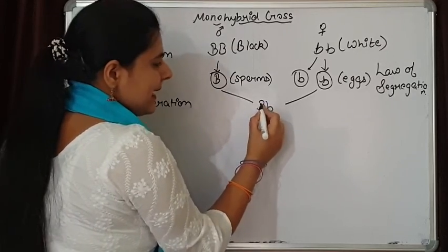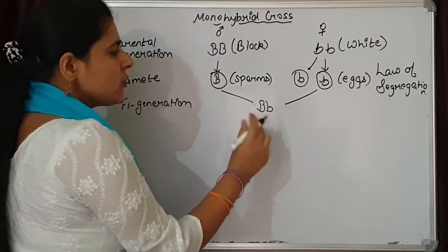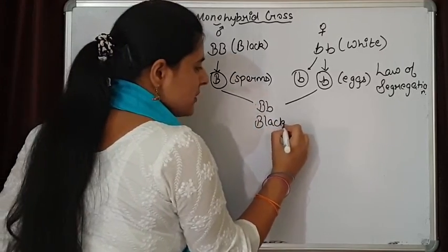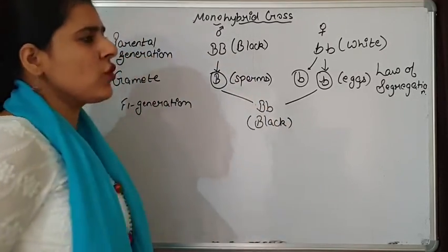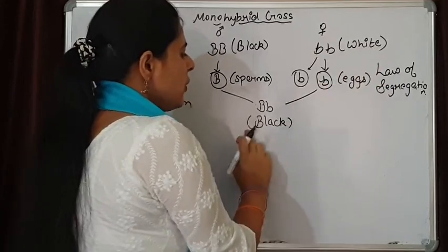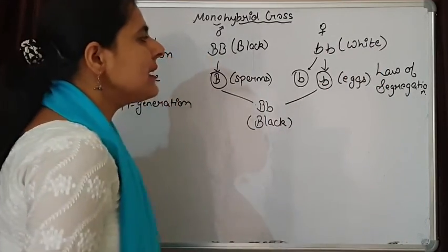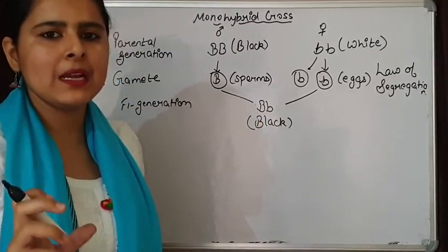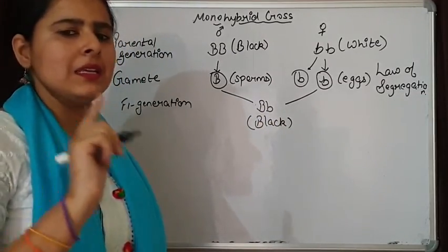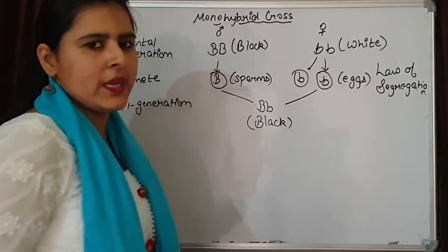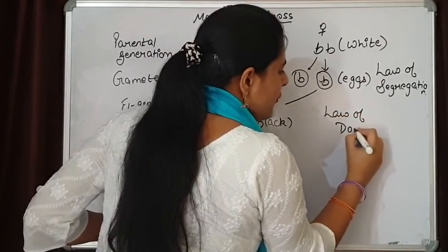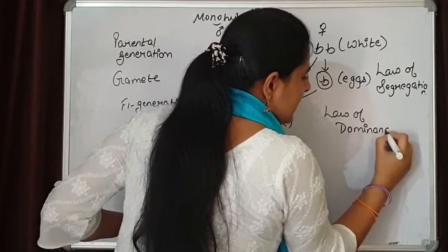The character that is dominant is going to express itself. So this capital B is responsible for black, and black is dominant over white. So in the F1 generation, all the guinea pigs obtained are of black color. Only one single character is expressed over here, and this is explaining our law of dominance.